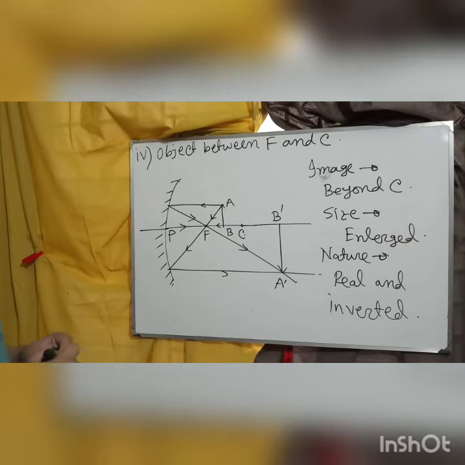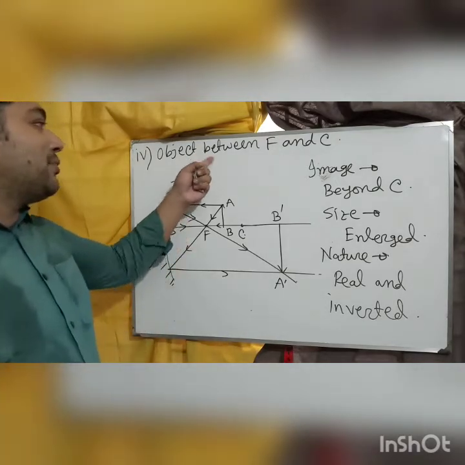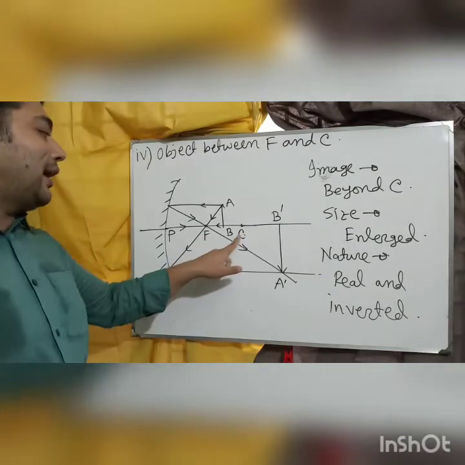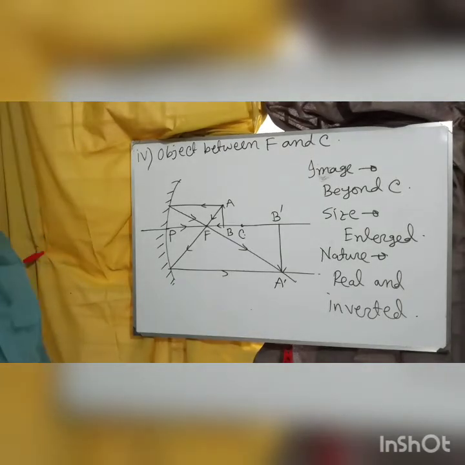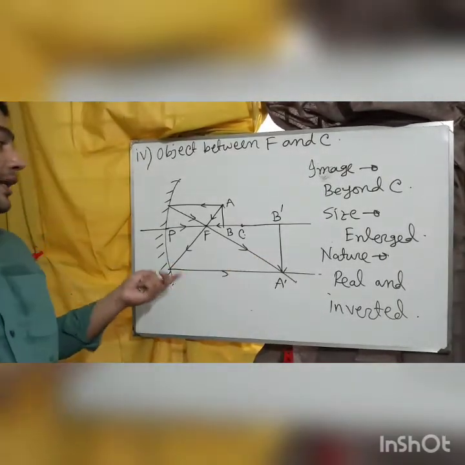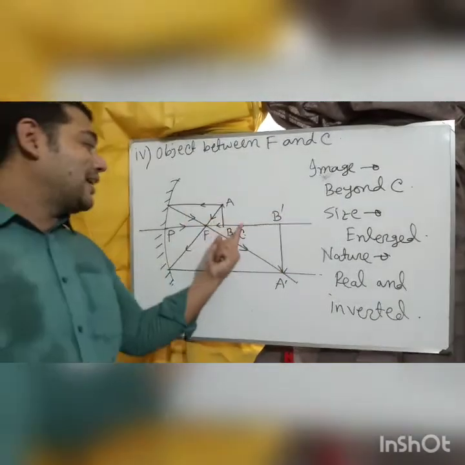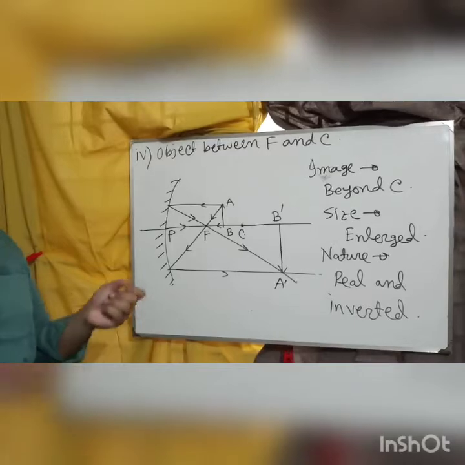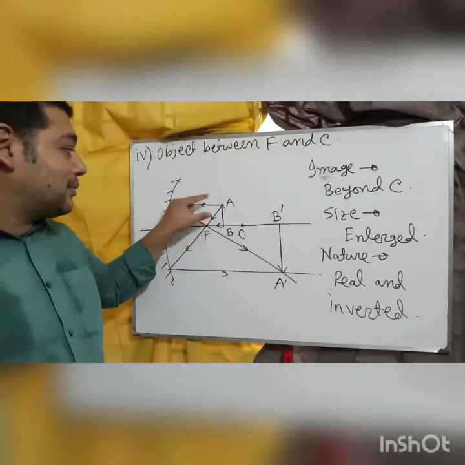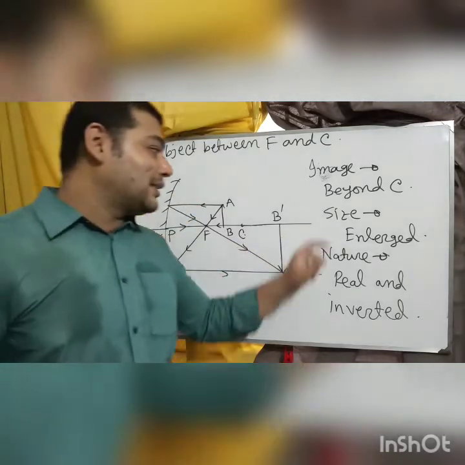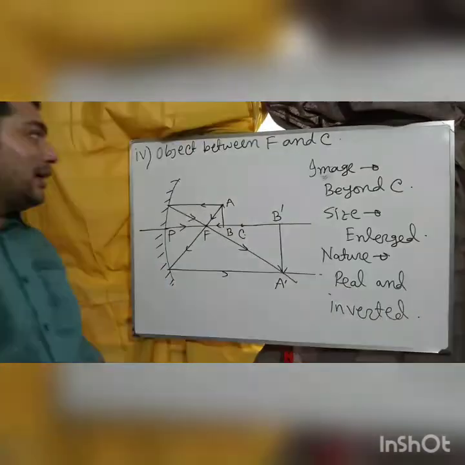So when the object is situated between the focal point and the center of curvature, we get the image beyond the center of curvature. You can see that the size is much bigger than our object, so the size is called enlarged, and the nature is real and inverted.